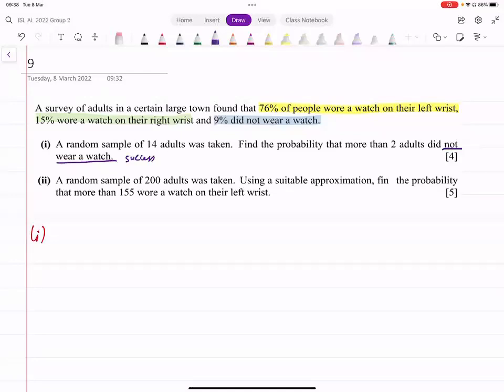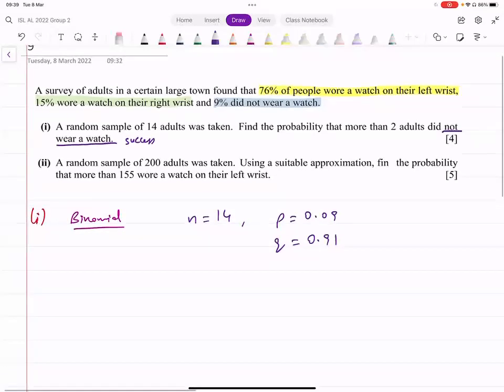Not wearing a watch is a success in this case. ठीक है? So it's a binomial distribution. It's a binomial distribution with n equal to 14. P, which is the probability of success. Probability of success क्या? Not wearing a watch, that's 0.09. And the probability of failure, therefore, is 0.91.